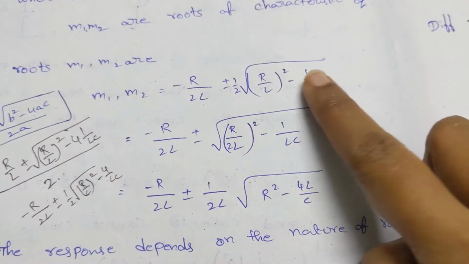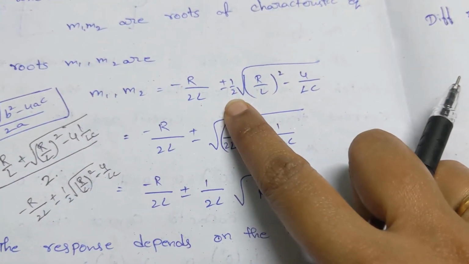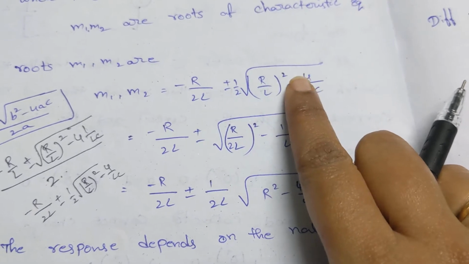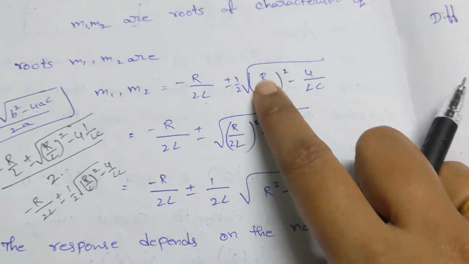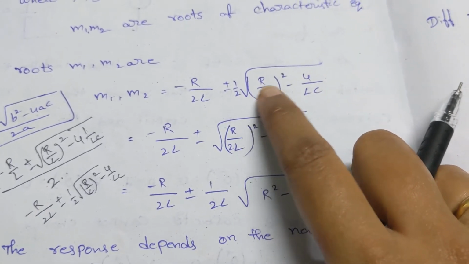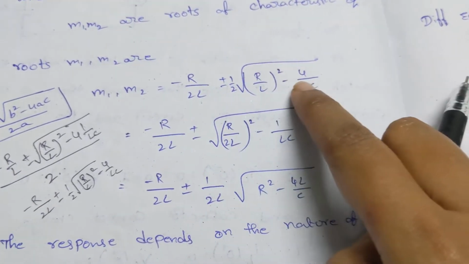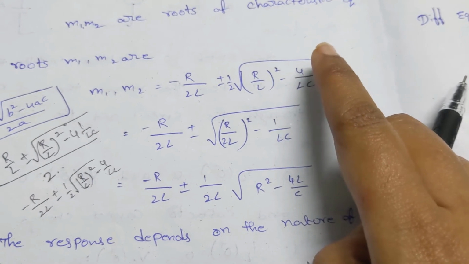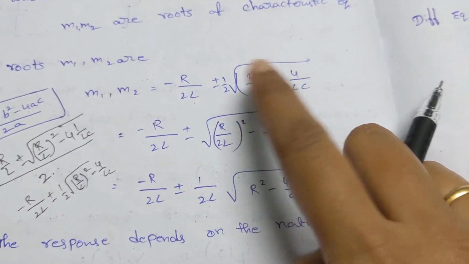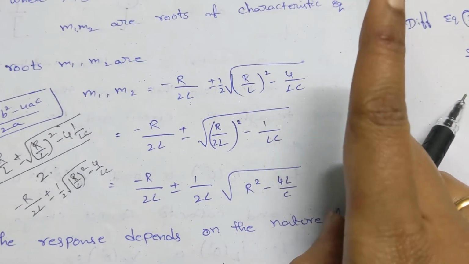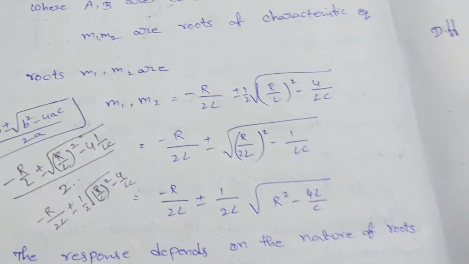Once we got this, whatever the 2 is outside the root, we just take it inside. So it becomes R divided by 2 square. So this 2 will be taken inside, or you may consider this entire equation is multiplied and divided by 4.